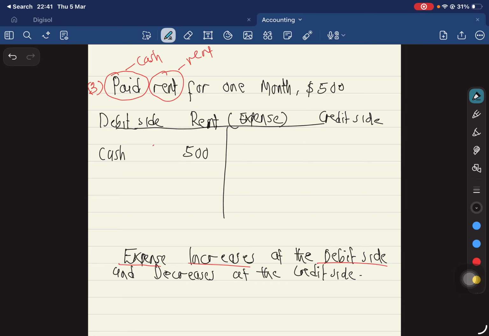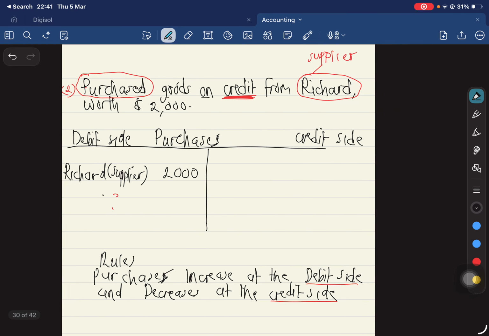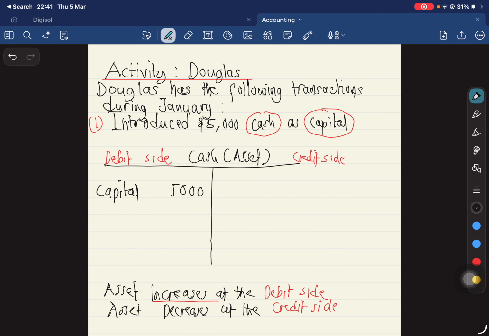So it affects 2 accounts, rent and cash. We now need to make the entry for cash. The business used cash to pay for the rent, so our cash will decrease. Per the accounting rules, assets decrease at the credit side.